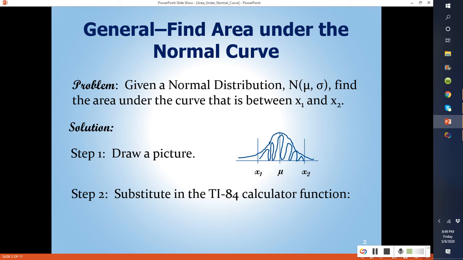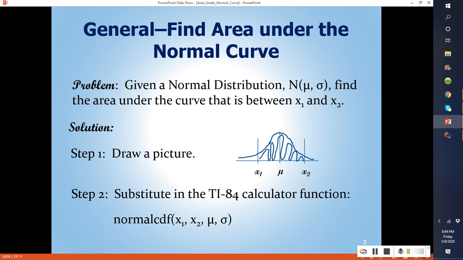Substitute in the TI-84 calculator function. That is not to say that you cannot substitute in the TI-83 calculator function, but in some of my lectures I do refer to functions that are not on the TI-83. So as a habit I keep saying TI-84, but in this particular case TI-83 would do just as well.